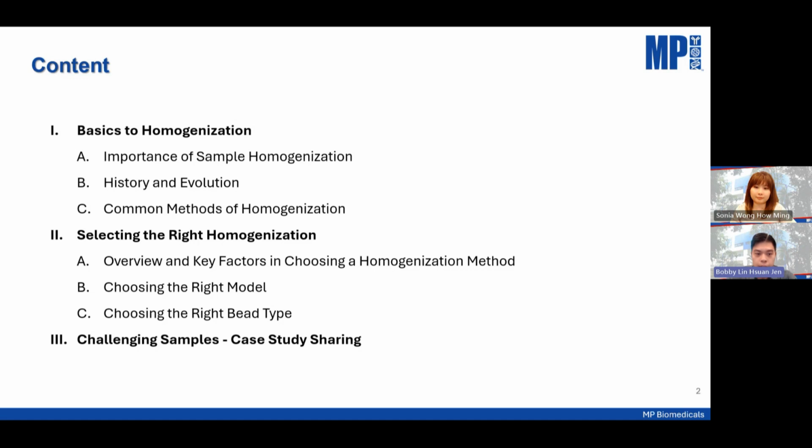Next, we'll move on to selecting the right homogenization, which includes the overview and the key factors in choosing the right way, as well as choosing the right model. And next, we'll also be mentioning the right bead types in choosing the right lysing matrix. And last but not least, we'll be introducing the case studies of different challenging samples that may be relevant to your studies.